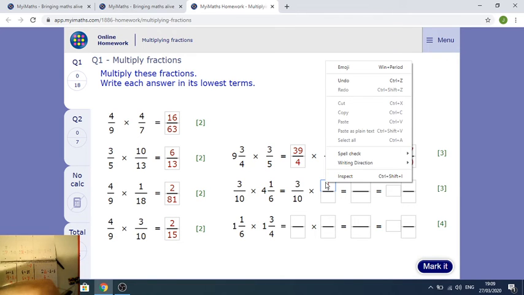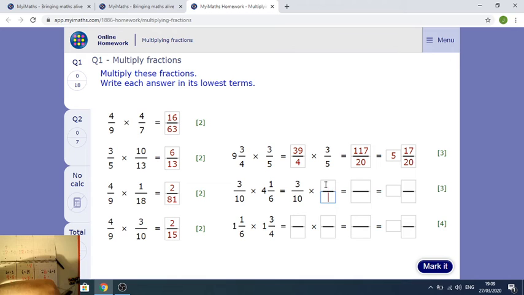Next one, we figured out that 4 1/6 was the same as 25/6. We multiplied those out and we got 3 times 25 is 75 and 10 times 6 is 60, and then we converted that to a mixed number which reduced to 1 and 1/4.